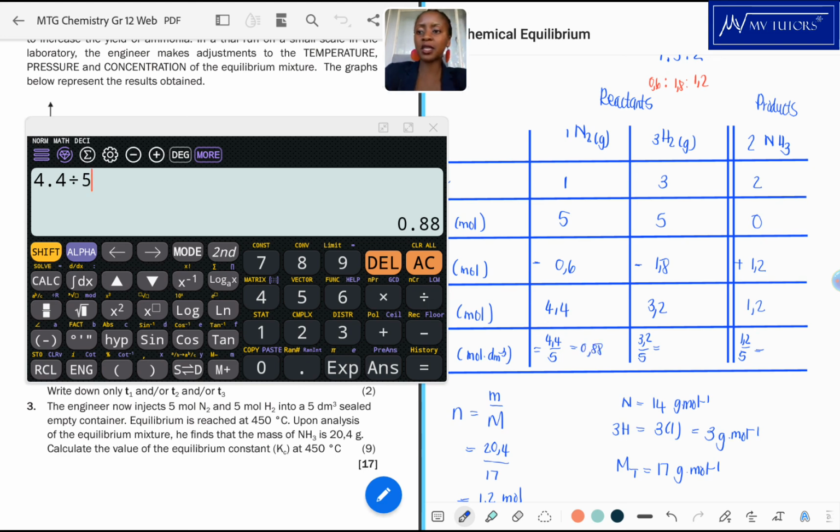Okay, at least we're not dealing with a lot of numbers. 3 comma 2 divided by 5, that's 0 comma 64. I could have used ratios, but we have it, so it's all good. And then 1 comma 2 divided by 5, which is 0 comma 24.